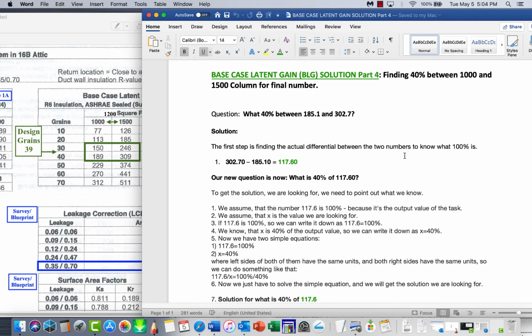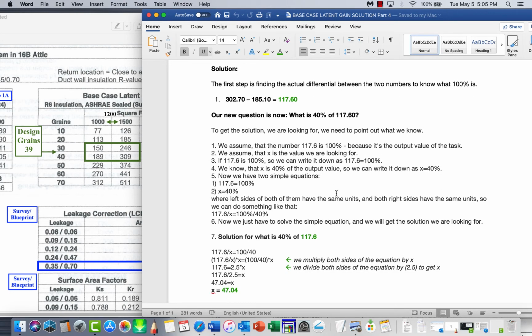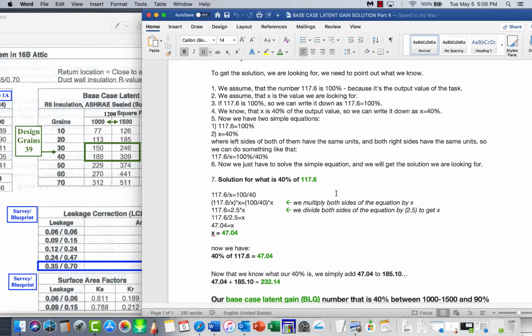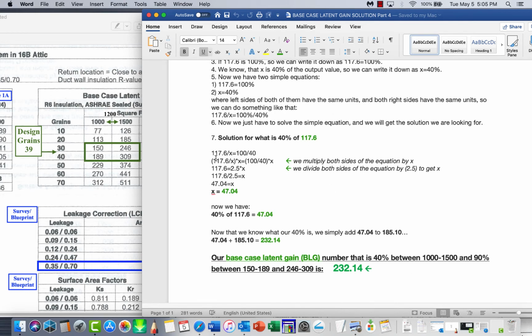First thing we got to do is get our 100%. So we're going to subtract 185.10 from 302.7, and we end up with 117.60. And all we have to do now is figure out what 40% of that is. So we're going to set up our proportion again, and it'll be 117.6 over x equals 100 over 40. Do the math, solve it down, finally come to x.